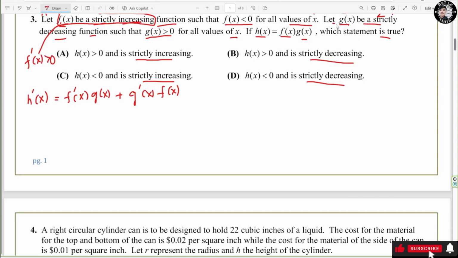The function g of x is strictly decreasing. It tells us that g prime of x is less than 0, right? So we have f prime of x is positive, g of x is positive, right? And g prime of x is negative.